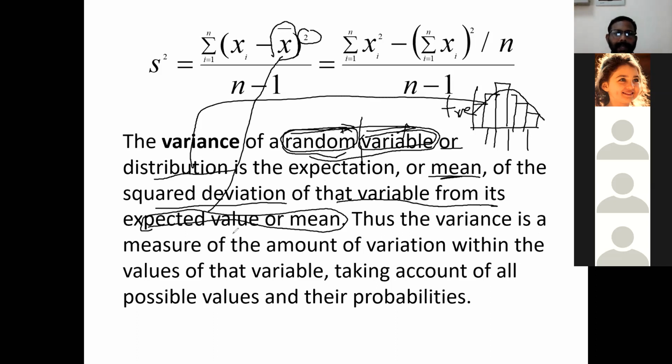Thus the variance is a measure of the amount of variation within the values of that variable, taking account of all the possible values and their probabilities. We'll talk about it in detail. So that is how we can calculate the variance.